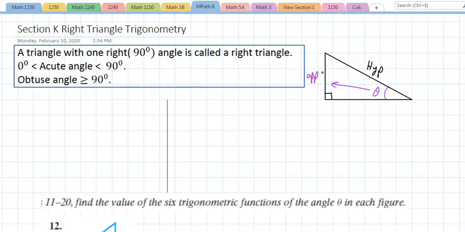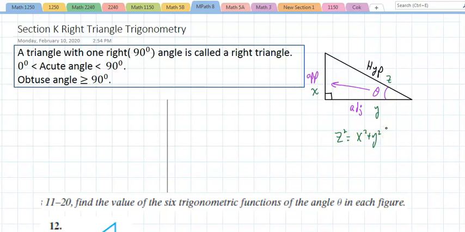And the remaining side, the side that's left over, is labeled as the adjacent. If I label these sides x, y, and z, then I know from the Pythagorean theorem that h squared equals z squared, which is the hypotenuse squared, equals x squared plus y squared.